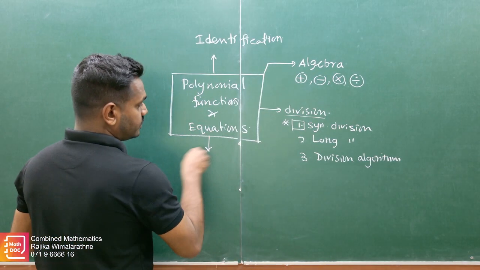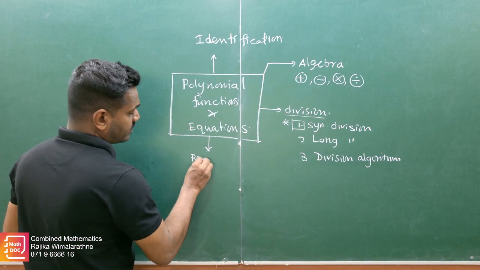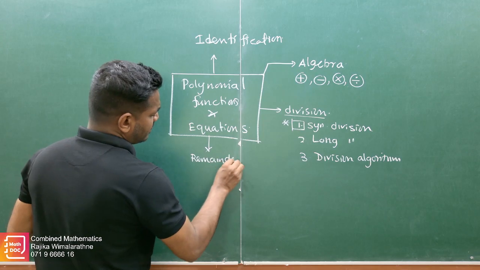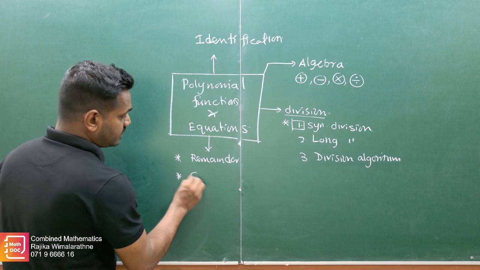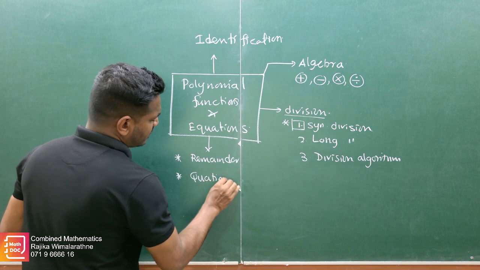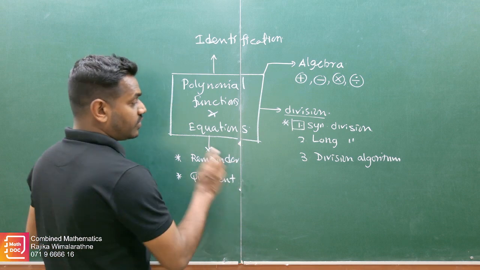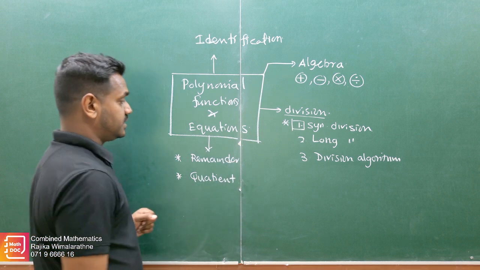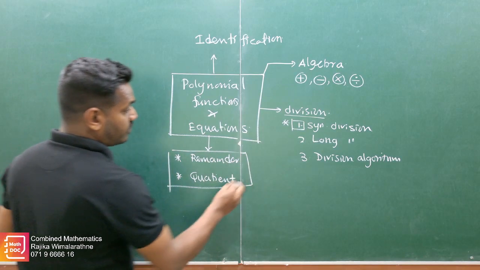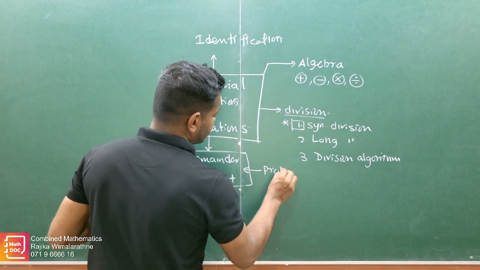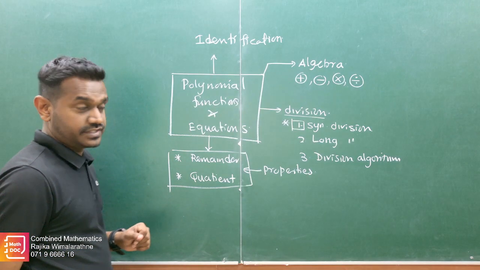Thereafter, by dividing two functions, we get a remainder and also a quotient. Therefore, we have a theorem called the remainder theorem to be analyzed here. Here, properties of remainder and properties of quotient.